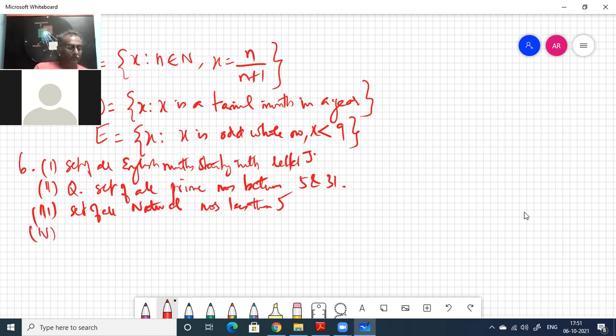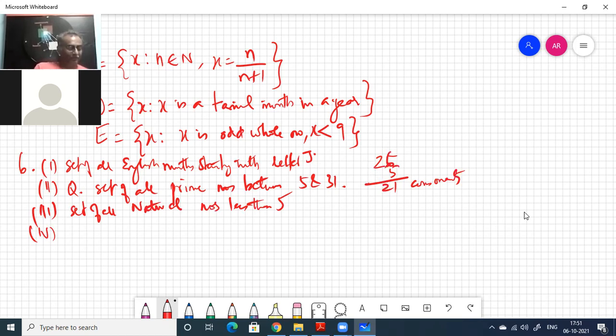Then again set builder form is given. X such that X is a consonant in English alphabets. Okay, that also easy. How many consonants do you have in the English language? 25 letters, huh? 26, uncle. 5 vowels. So 21 consonants are there. Okay.